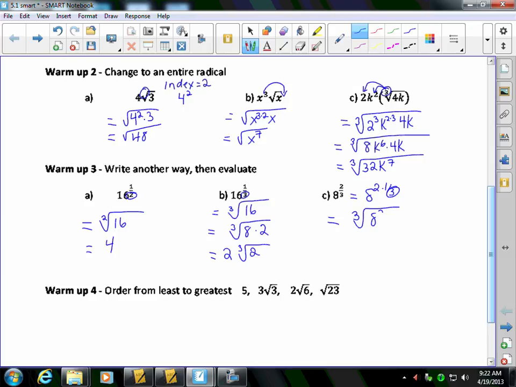So I have cube root of 8 squared. 8 squared is 64. And as this one turns out, if you multiply 4 times 4 times 4 together, you get 64. So this answer is 4.